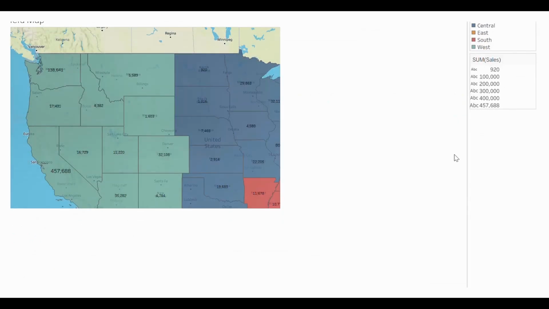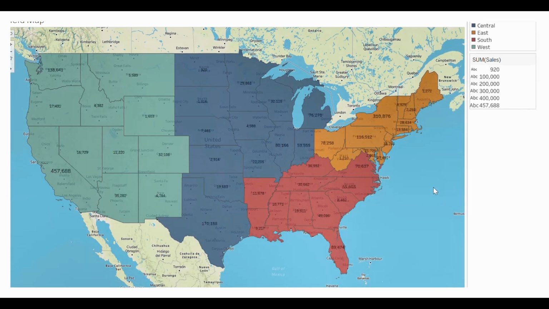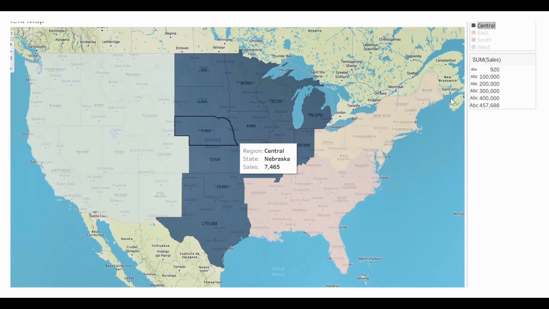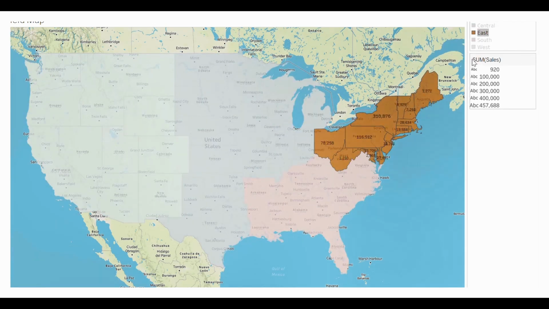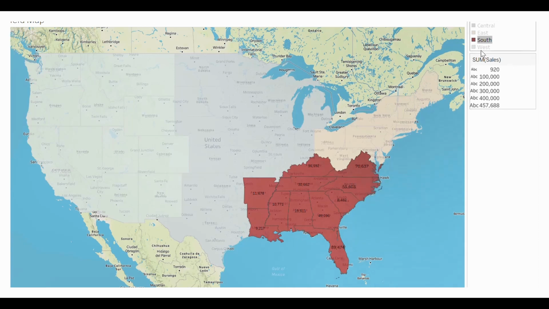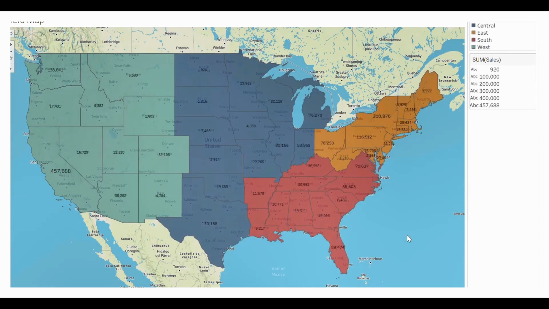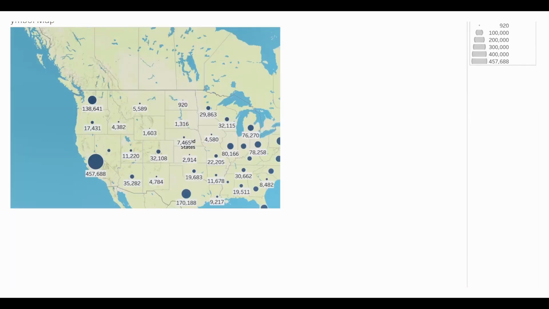Now if you go here, clearly observe that for each different region, we have a different color. Central region has this color, East region this color, South region this color, West region this color. But this is not the same as the symbol map.